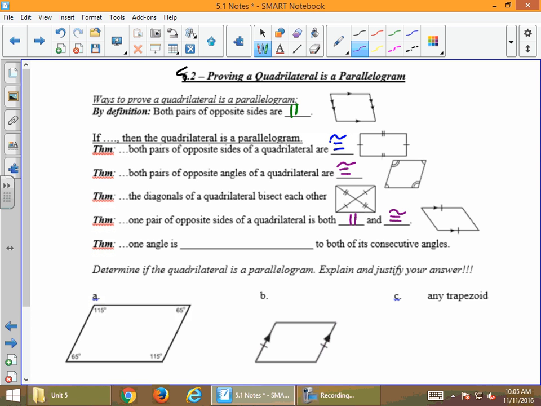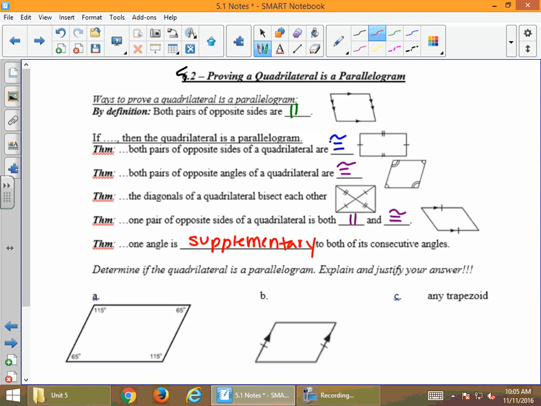A little section at the bottom of the last page. And again, we talked about if one angle is supplementary to both of its consecutive angles.